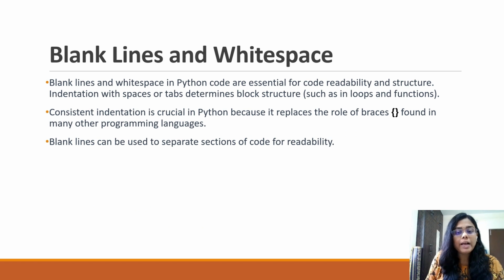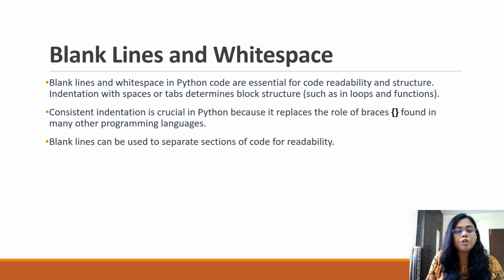Next, we have blank lines and white space. Blank lines and white space help with the readability and the structure of Python code. Indentation with spaces or a tab determines the block structure of the code. Previously, in other programming languages, this was primarily defined using braces.